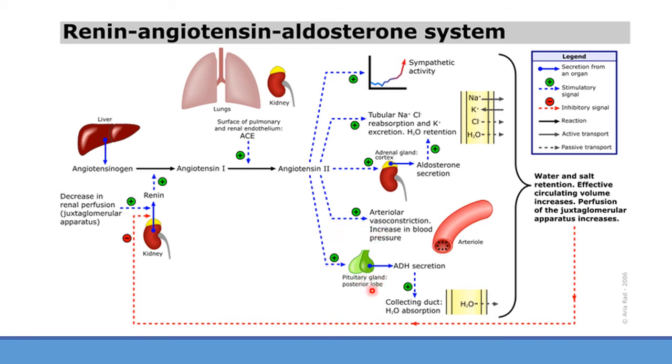And ADH secretion from the posterior pituitary should be increased, leading to more water reabsorption, plus bigger blood volume and bigger blood pressure. And once the kidneys detect that increase in pressure, they can feed back and say, hey, we're good here, we don't need any more renin being released, and it will shut down all of these systems to some extent.